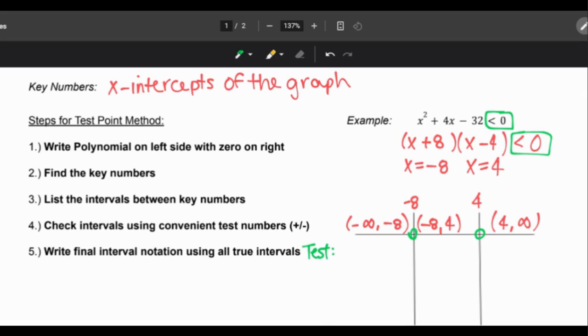So I would suggest picking the easiest number that you can think of, plugging into your original equation or the factored version of your equation, and see what you get. If you pick a number between negative 8 and negative infinity, that would be maybe negative 10. So I'm going to go back to my very original equation. If I have negative 10 squared plus 4 times negative 10 minus 32, I've got 100 plus negative 40 minus 32.